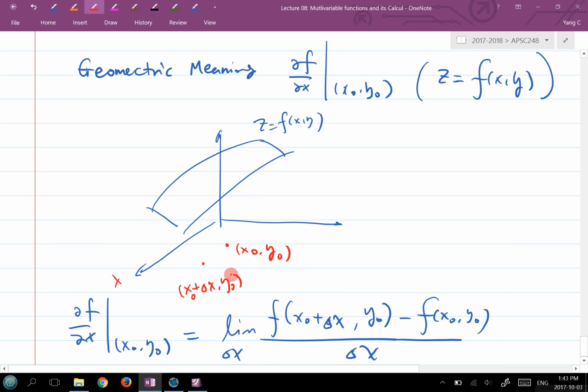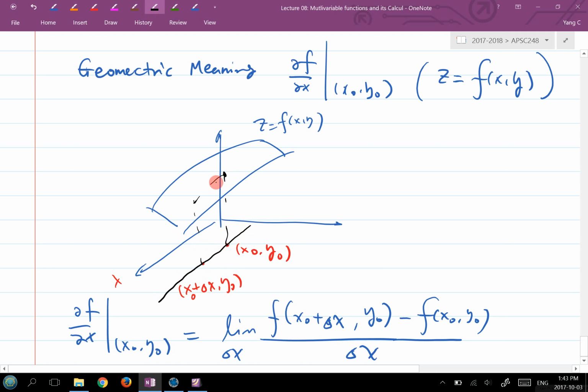So the way you go is you're coming from here, and then you go all the way to this direction, the x-axis direction. Does that make sense? Now, when you go from here to here, what happened to the value of f of x, y? It comes from here to here, isn't it?